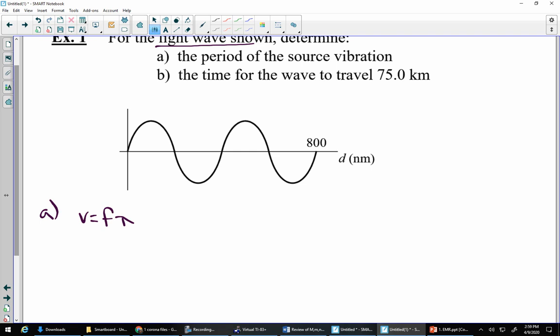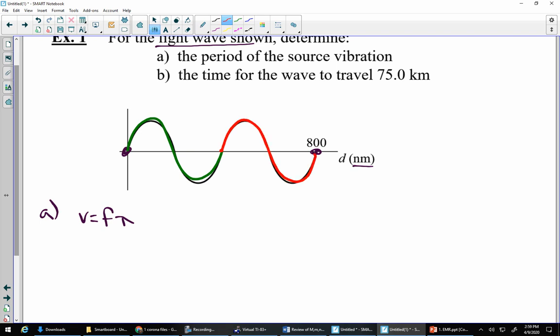Got the speed, that's just the speed of light, 3 times 10 to the power of 8. I say just the speed of light, that's big. But the wavelength is something that's missing. So I know from here to here is 800 nanometers. So what we did in Physics 20 was we built a little equation for this. I'm going to highlight in green. So I got one wavelength in green, and then maybe I'll do the other one in a different color. One wavelength in red.